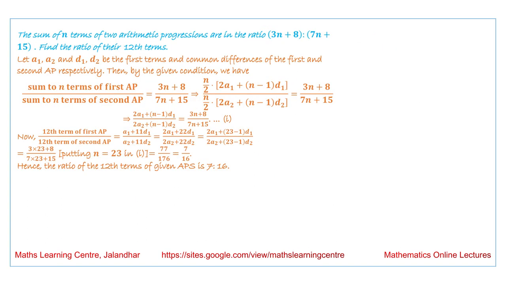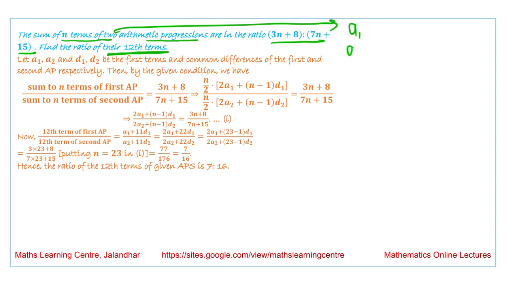Next: the sums of n terms of two arithmetic progressions are in the ratio given here. Find the ratio of their 12th terms. Suppose the two arithmetic progressions have first terms a1 and a2, and common differences d1 and d2.